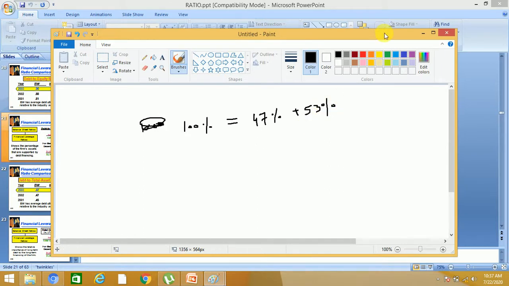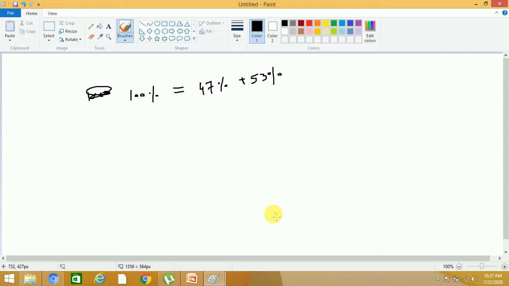So this debt ratio is telling us about the percentage of debt in the total financing of the business.